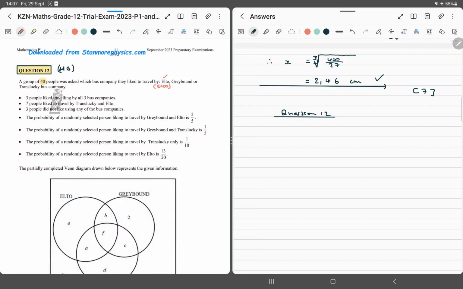We have Alto coaches, Greyhound, and Translux. It's supposed to be Greyhound. They wrote Translaki. Can you see? This is Translax. Please stop changing the names of the bus companies.